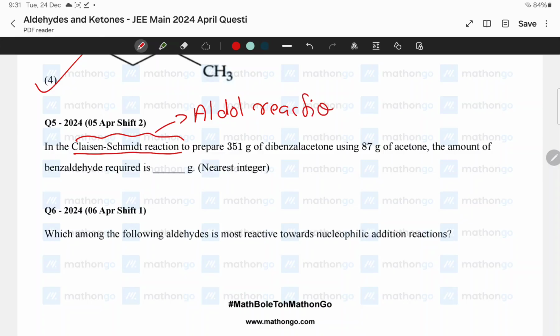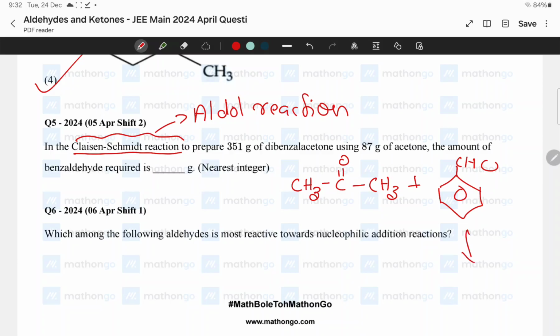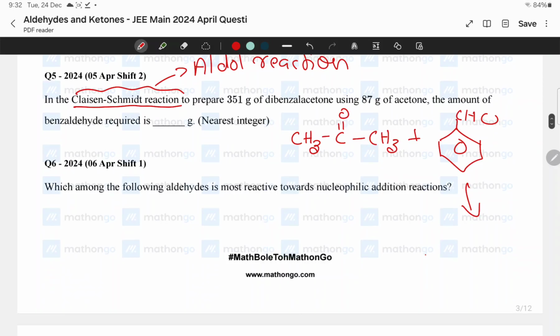It's acetone, CH3 C double bond O CH3, plus benzaldehyde. What answer do we get when we undergo aldol condensation?